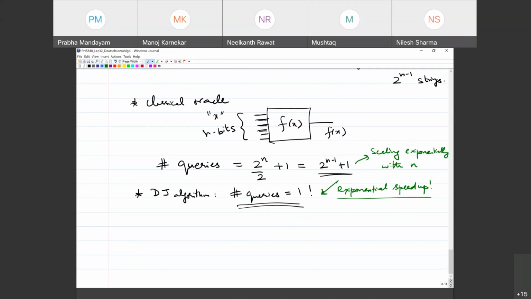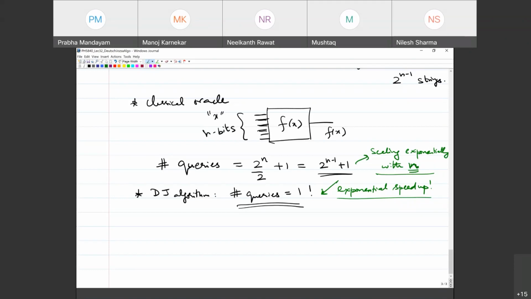N essentially captures the input size, right? That's the number of bits in the input. In the quantum case, the n will translate, of course, to a 2 to the n dimensional Hilbert space, right? But this is what captures the size of the input. And the speedup is in noting how the complexity of the algorithm scales with the input size, right? In this case, the query complexity is scaling exponentially in the classical case.